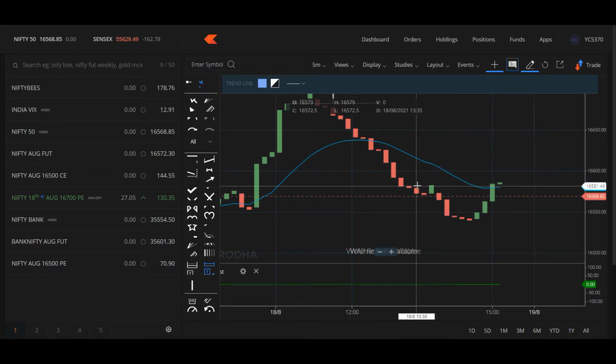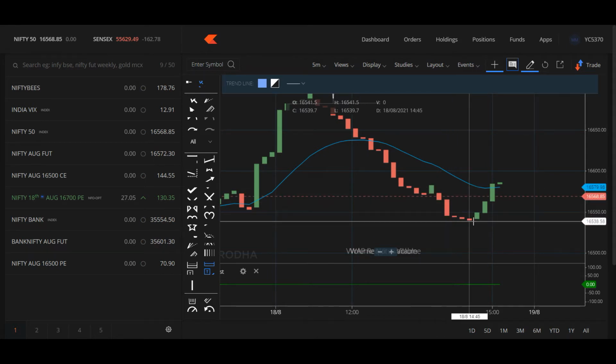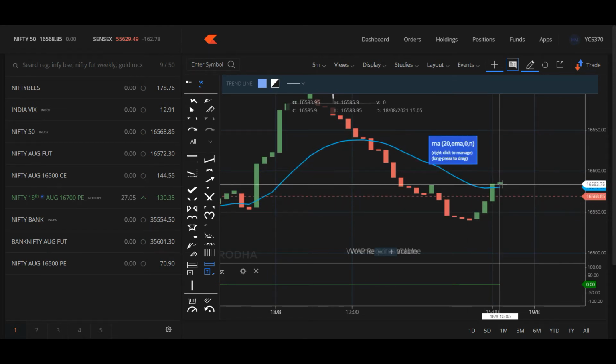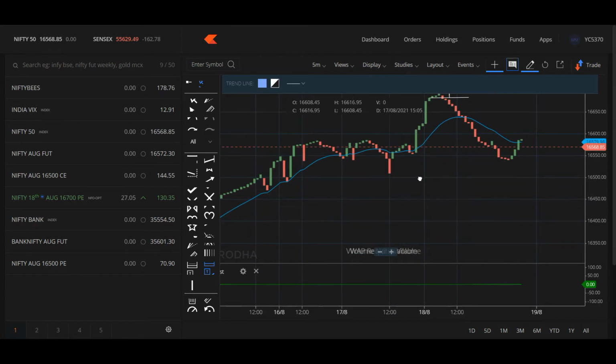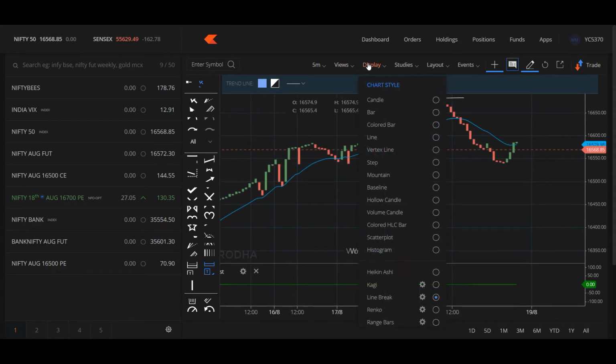So only one candle gave you a false move, and then the downtrend started again. Here you got the bullish trend again, then it has moved up. So this is how we analyze this particular type of chart.